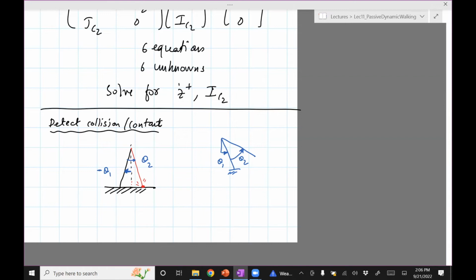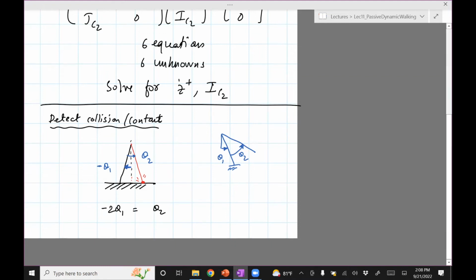That is, the angle, minus θ1 should be equal to minus 2 θ1, right? So my bad. Minus 2 θ1 should be equal to θ2. So that means twice θ1 plus θ2 equals 0.